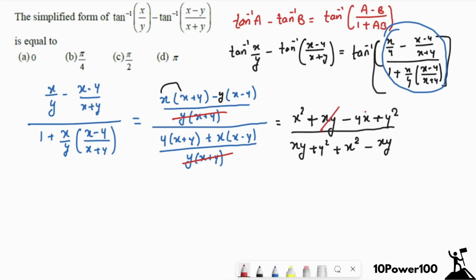So we can cancel xy and xy. So what is remaining? It is x square plus y square whole divided by x square plus y square. So we can cancel both of them, and we get 1. So in place of this complete term, we can take it as 1.